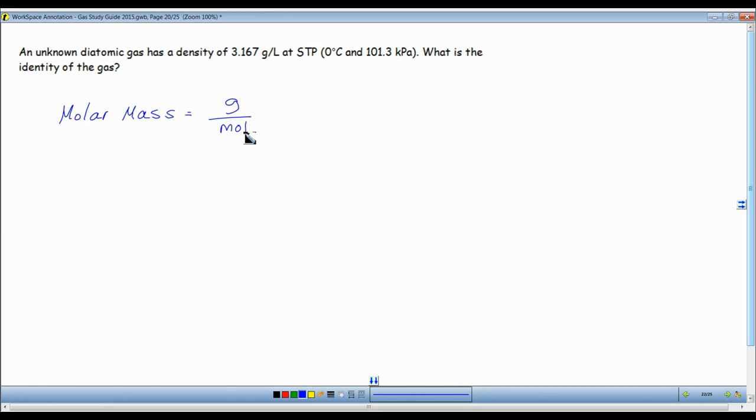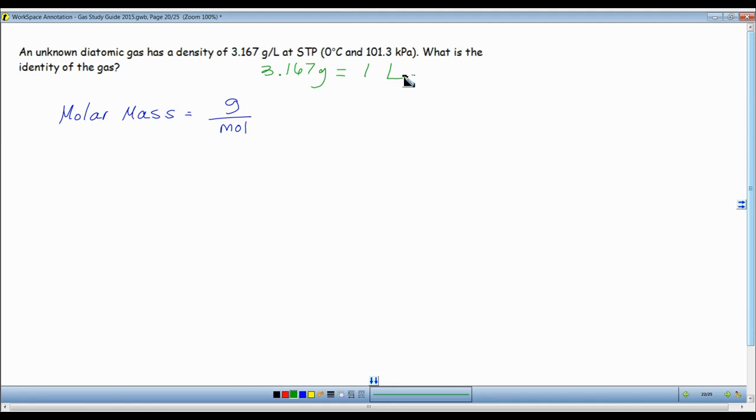Great. So how is this data supposed to give me the molar mass, right? Okay, so I'm given density. Density is 3.167 grams per liter. Well, that's kind of like saying that 3.167 grams is the mass of 1 liter.